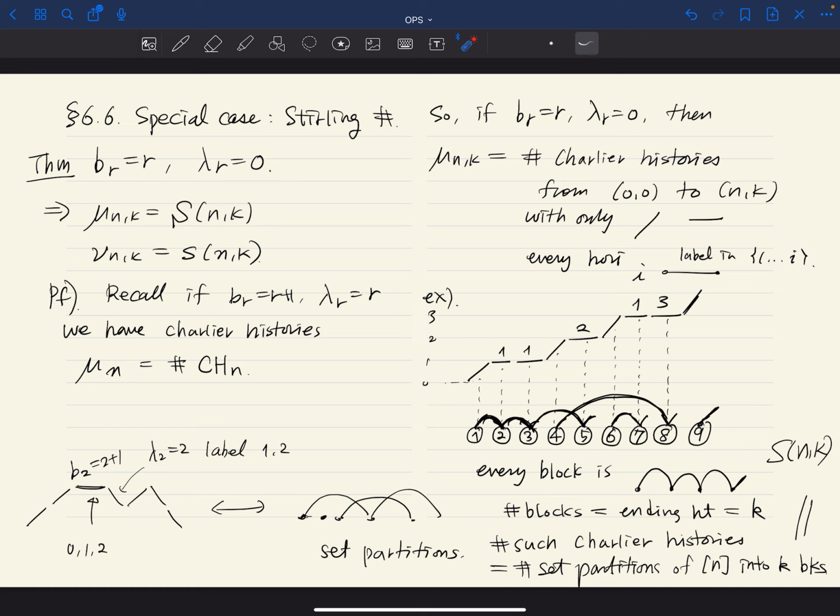The second statement, we will use the known fact. Since P R equals R, lambda R is always 0.